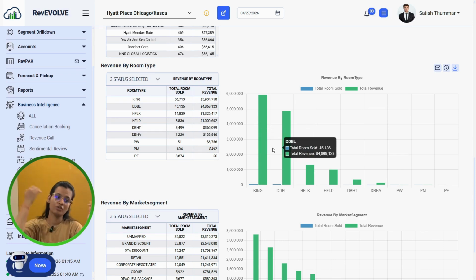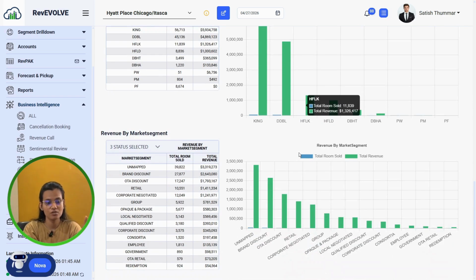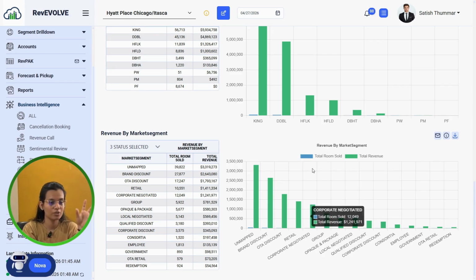Okay, so next is market segment. This is also one of the most important views or widgets, showing how your revenue is captured from each market segment. If it is more from OTA, then you should close your OTA discounts early, or pause them.